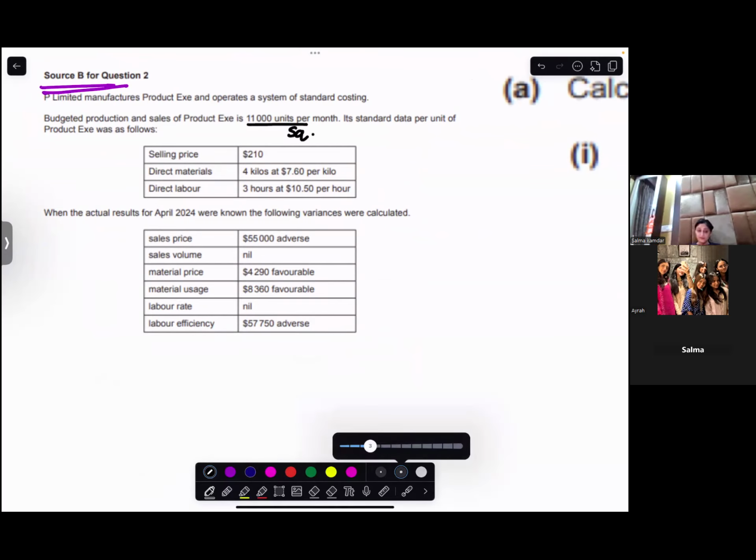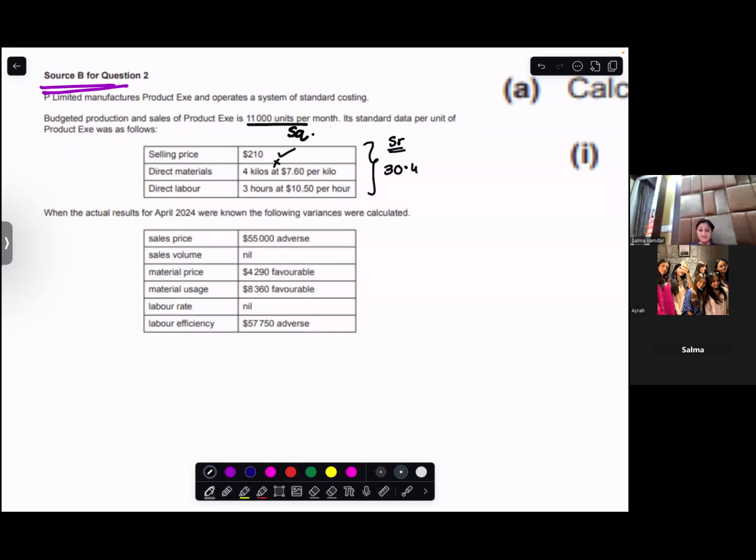And its standard data per unit of product X was as follows. This is all related to the standard rate. So can you give me the standard rate for direct material? Standard rate. So 4 into 7.60, how much will it become? It will be 30.4.